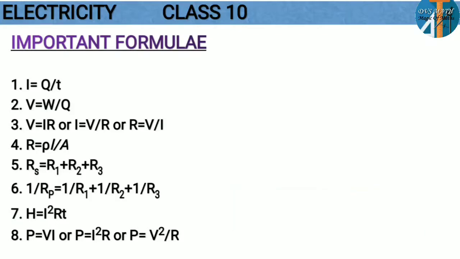Current is the rate of flow of charges, and the work done by the current we call power. For power we can express P is equal to VI in terms of voltage and current, P is equal to I square R in terms of current and resistance, and P is equal to V square by R in terms of voltage and resistance.